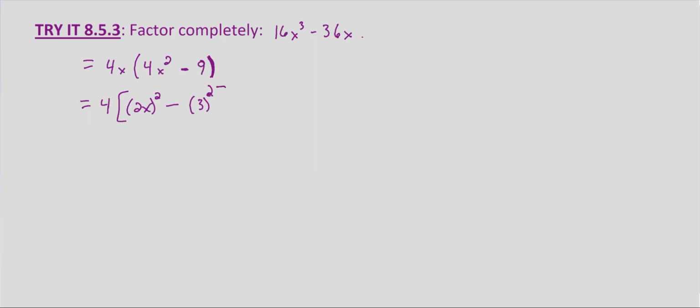So then we have to remember our general form. If we have a squared minus b squared, the difference of squares, remember the form is that it ends up being a minus b times a plus b, because then the two middle terms cancel.